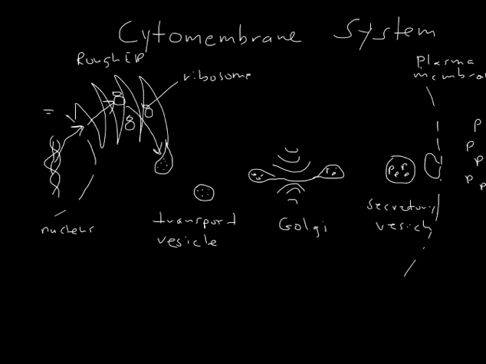Proteins are transported by vesicles from the rough ER to the Golgi. The Golgi moves final proteins from the secretory vesicles to the cell membrane for export.